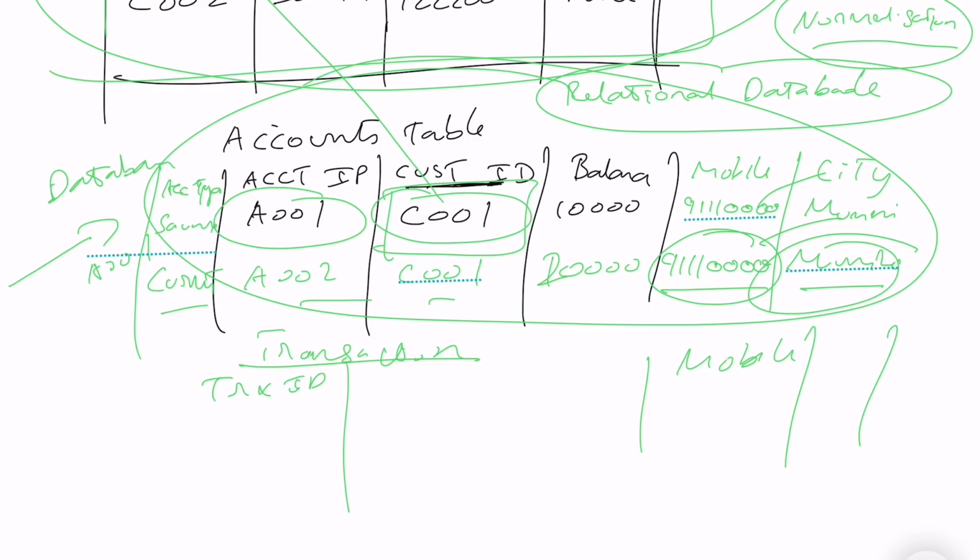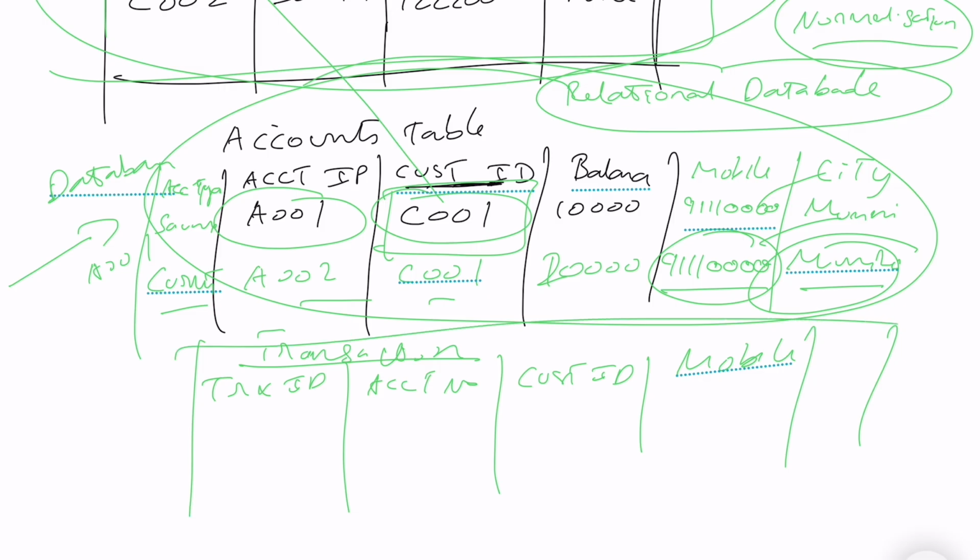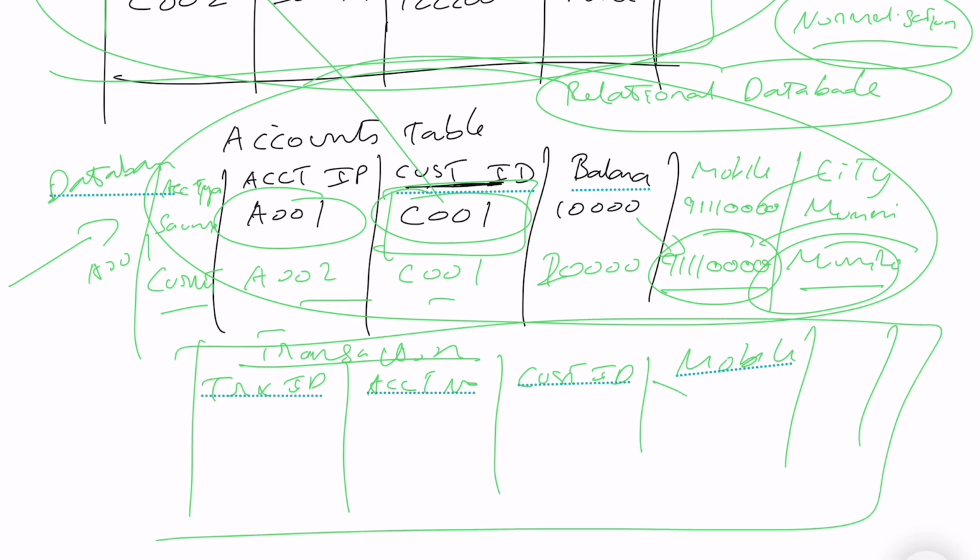Maybe transaction ID, then maybe account number, maybe customer ID. If this was a transaction table with millions of records and all of a sudden the mobile number changed and I'm entering the mobile number here in a denormalized format in the same table, then I have to update the mobile number over here for millions of records. Same way, if there is an account table where I gave you an example, there are multiple account types, I have to make a change over here.